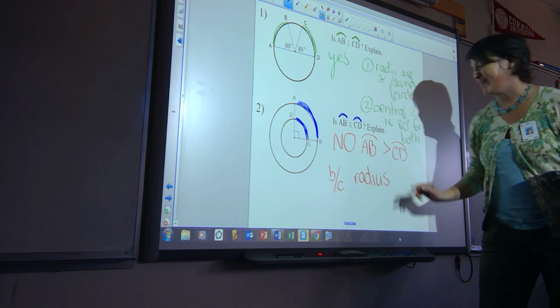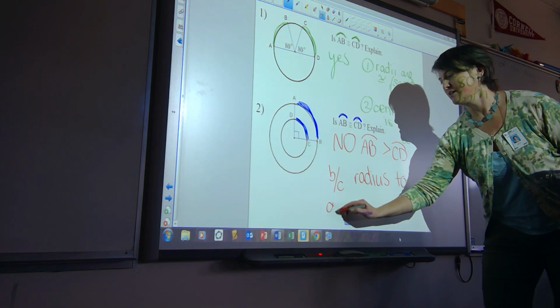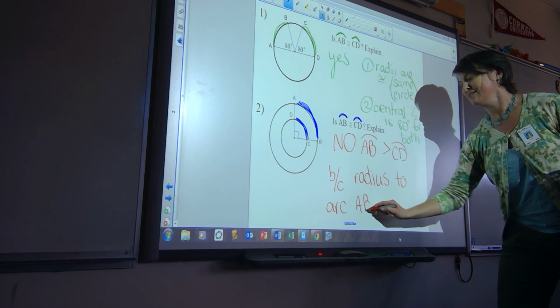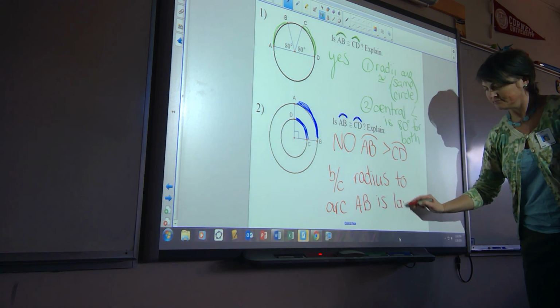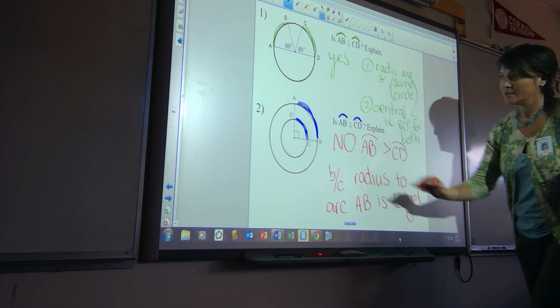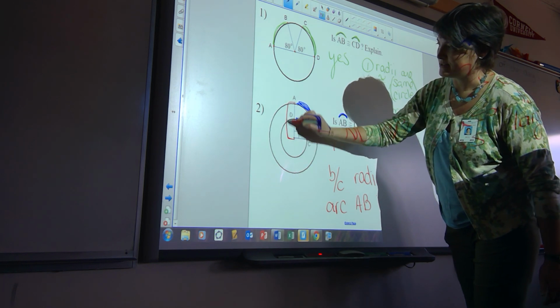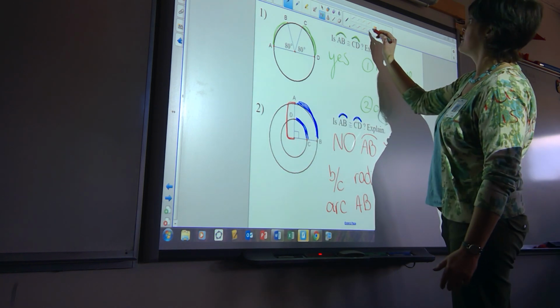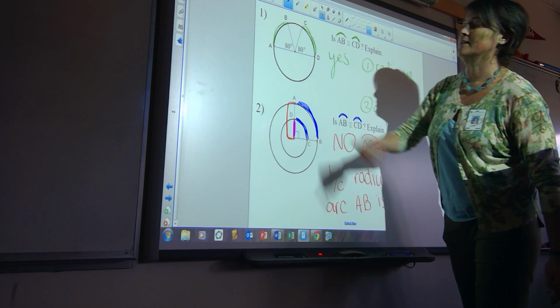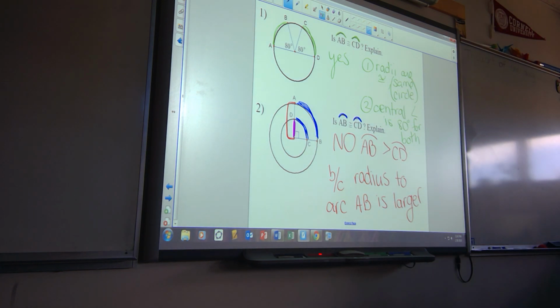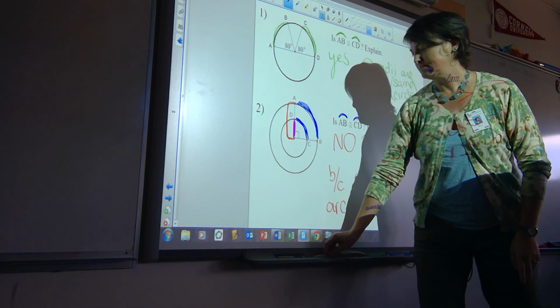This radius is much greater than this radius right here. The central angles were the same, but you have to have both of those pieces.